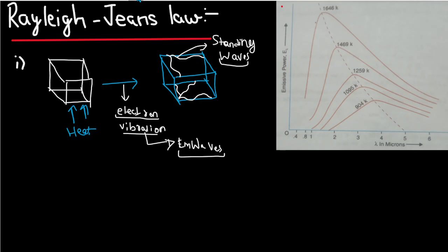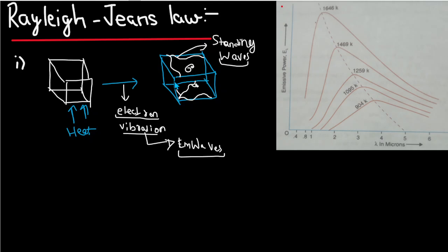Let's understand why the electromagnetic wave is not on the walls of the cube. Yes, on the walls of the cube there is no electromagnetic wave. The electromagnetic wave exists only in the cavity, in the space, not on the metallic surfaces. Why so?